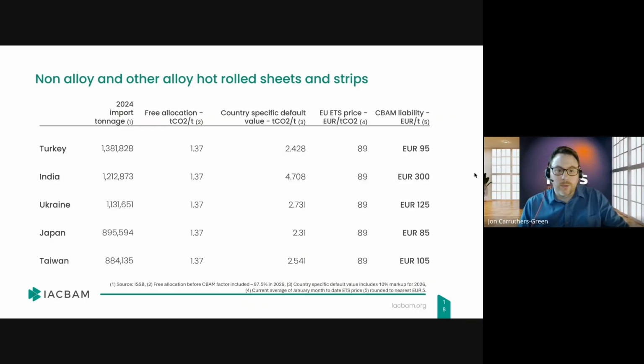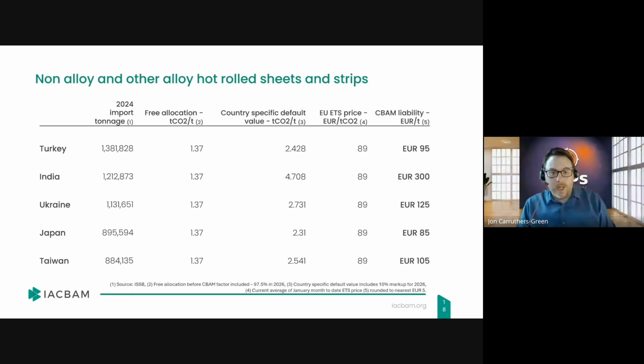There are just a few other things I want to point out about this table. There is the free allocation number on there. That figure does not include the CBAM factor, so that's that minus 2.5% that I briefly alluded to earlier. But the calculations here will include that. The same for these country-specific default values.